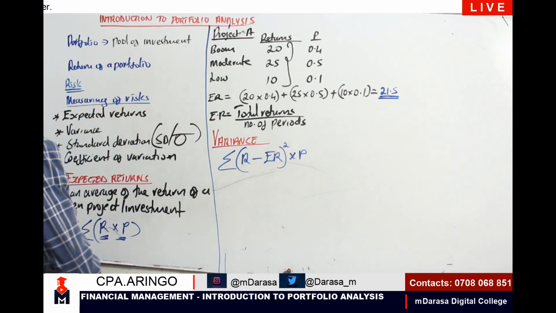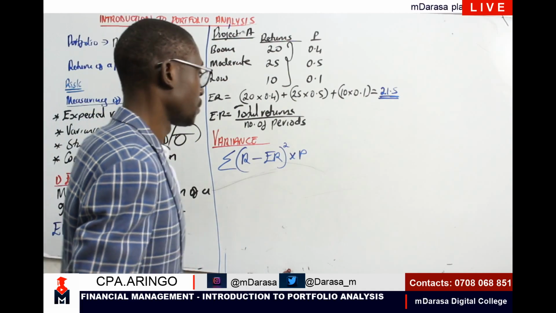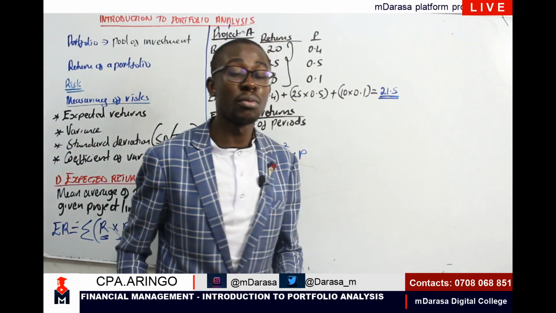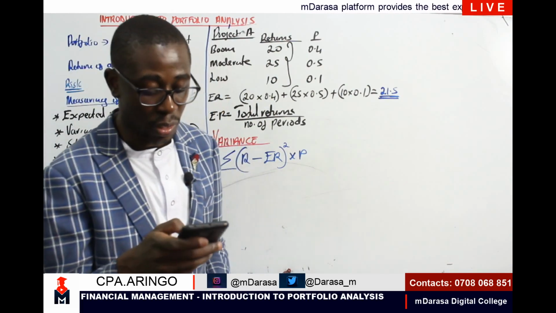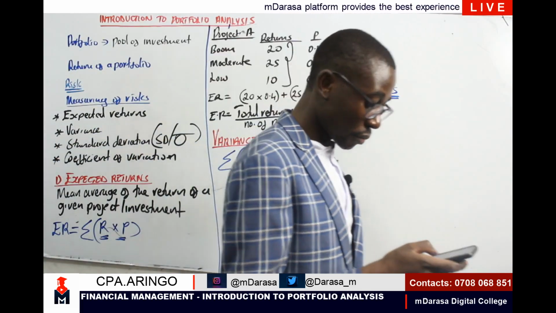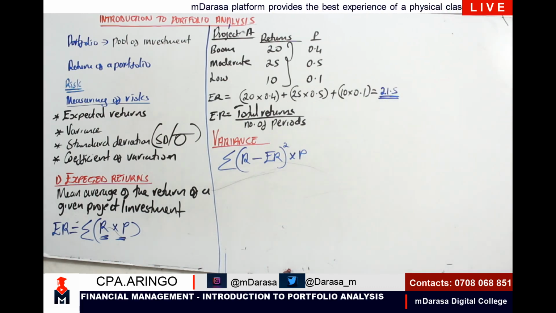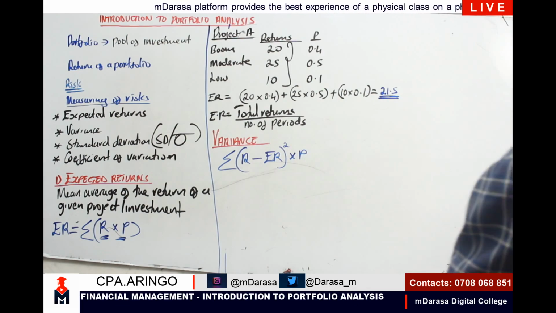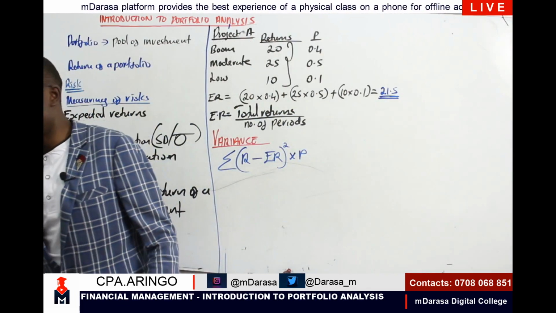And we normally tend to say that the higher the variance, the riskier the project is. That is why the higher the variance, the higher the risk.